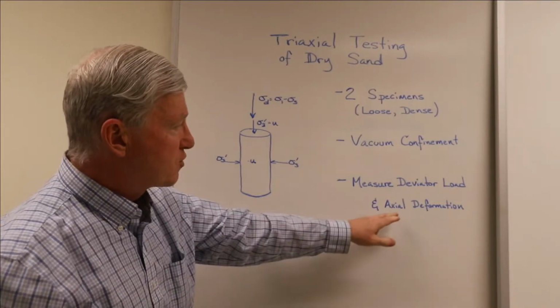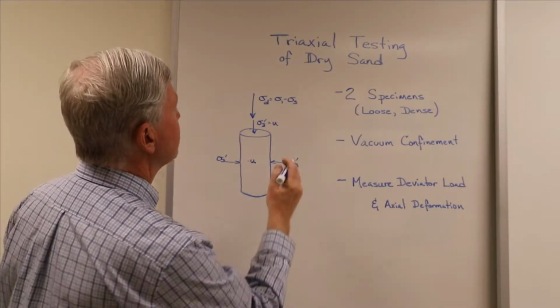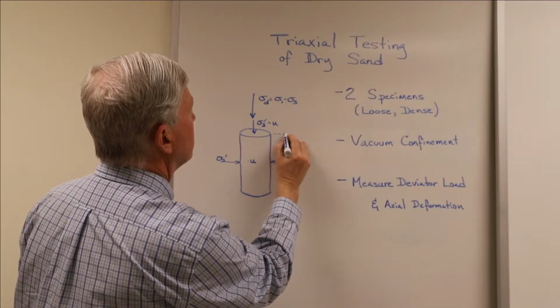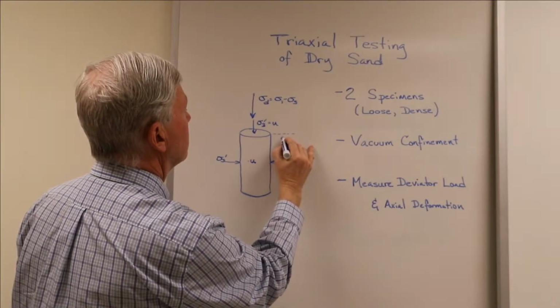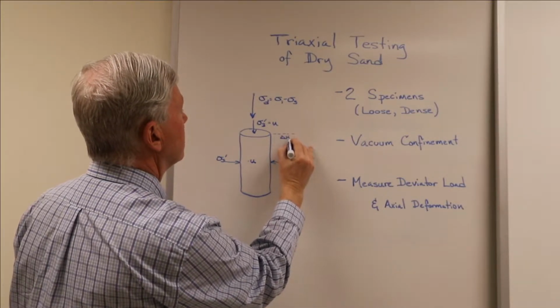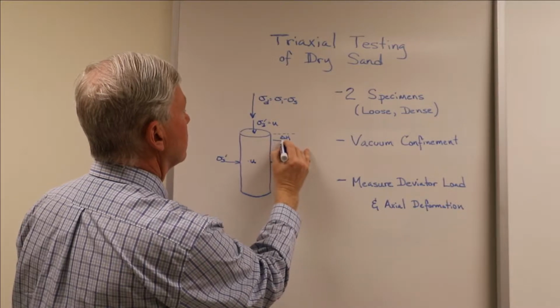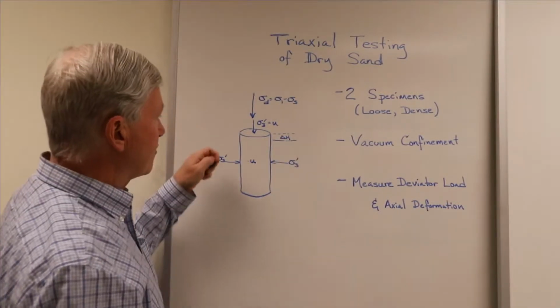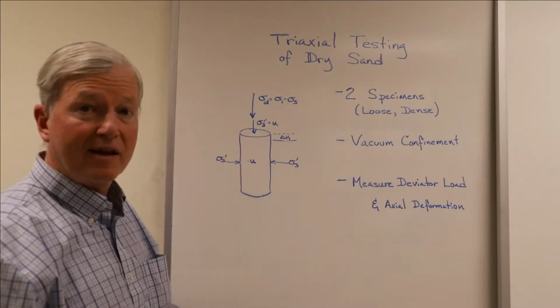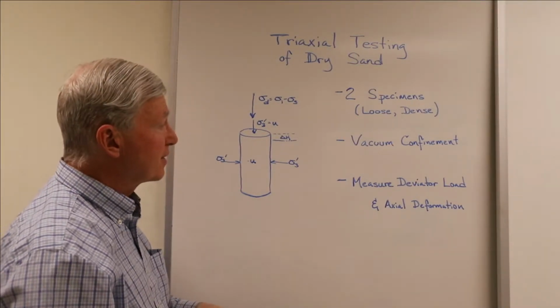And then we're also going to measure the axial deformation. As we squeeze the sample, it's going to get a little bit shorter by some delta H. And we can, of course, relate that to an axial strain dividing by the initial height of the specimen.